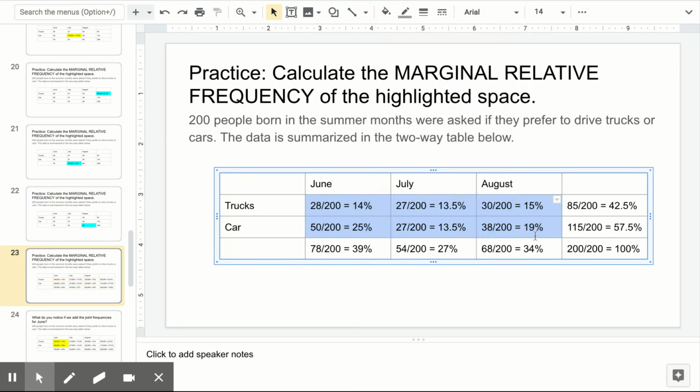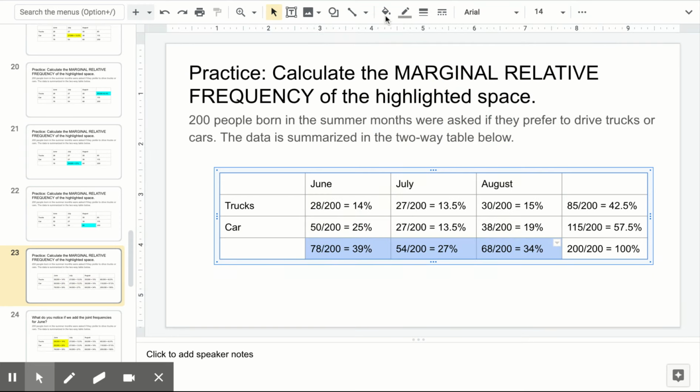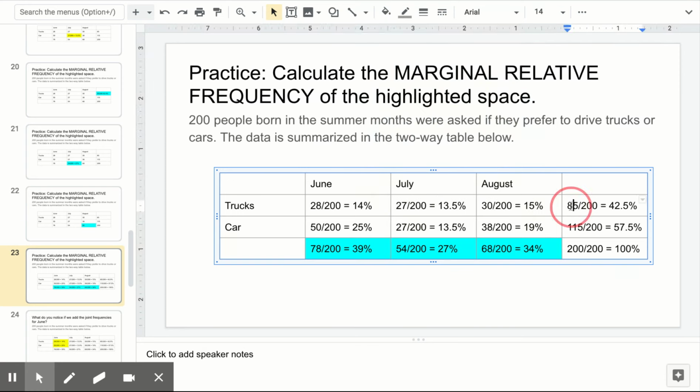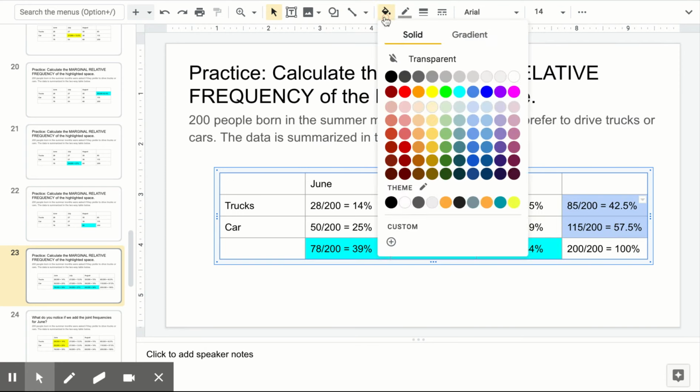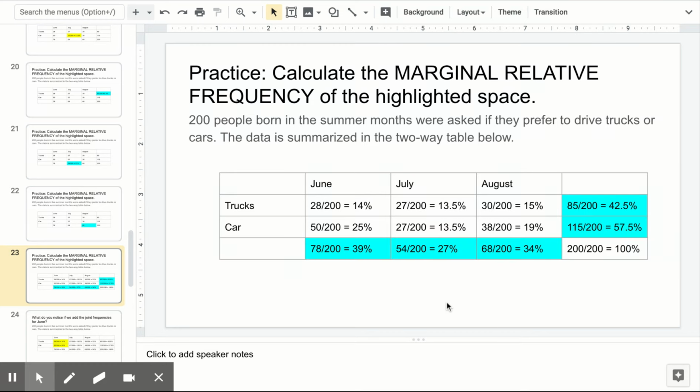And then one more practice, making sure we know the terminology. We're going to highlight these blue again, and your job is to tell me, are these the joint relative frequencies or the marginal relative frequencies? And hopefully there you noticed it's on the outside, so those would be our marginal.